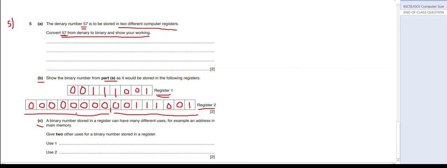Part C: a binary number stored in a register can have many different uses. For example, an address in main memory. Give two other uses for a binary number stored in a register. Use 1 can be data.